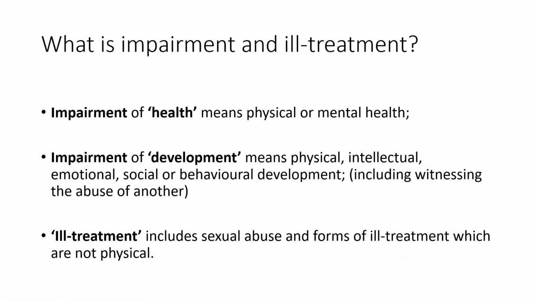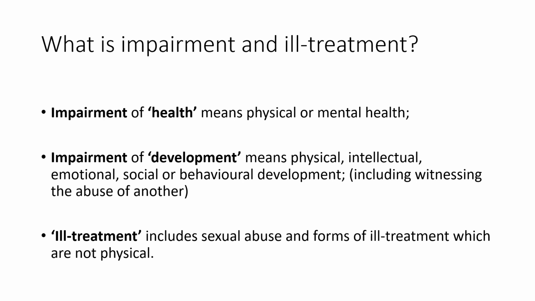Under Section 31(9) of the Children Act 1989, as amended by the Adoption and Children Act 2002, harm is defined as impairment or ill treatment. If we look at each of these, impairment includes witnessing the ill treatment of others.